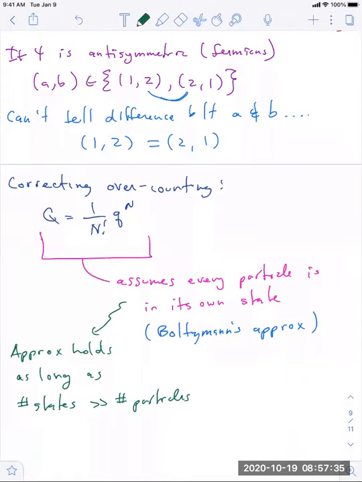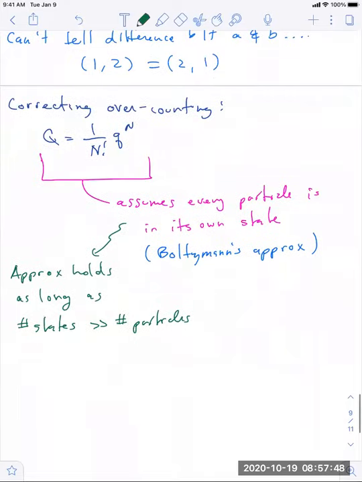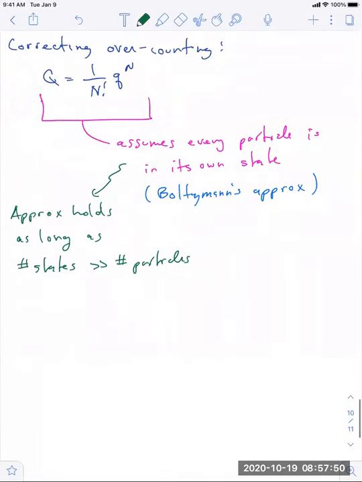You can imagine if I had 1 billion times as many states as particles, then it's a pretty decent assumption that each particle is going to be in its own state. Whereas if I have a small number of states relative to particles, then that assumption gets a bit trickier.